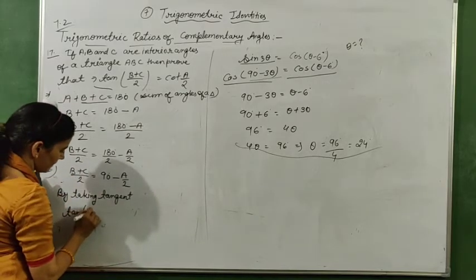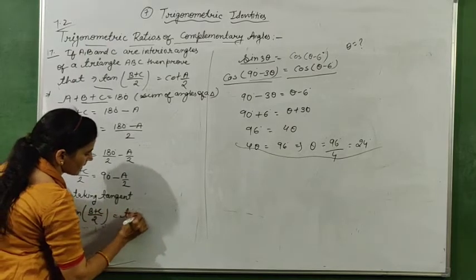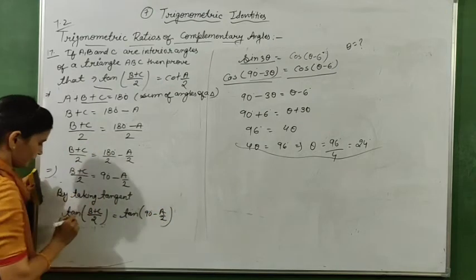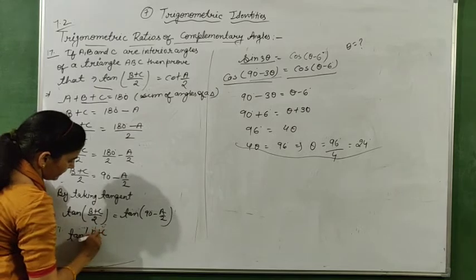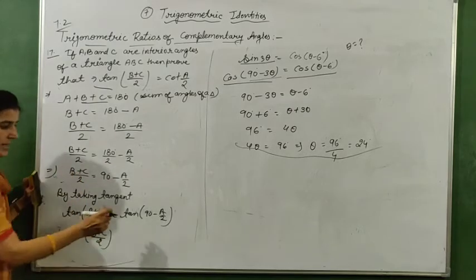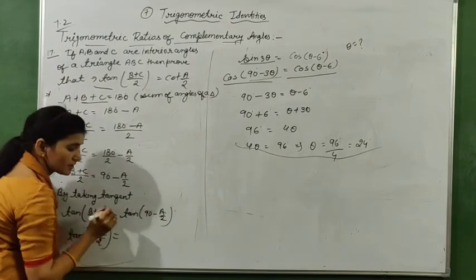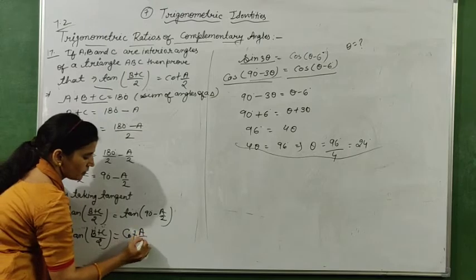Tan ((B plus C) upon 2) is equal to tan (90 degree minus A upon 2). Tan (90 minus theta) is equal to cot theta. So tan (90 minus A by 2) is equal to cot (A by 2).